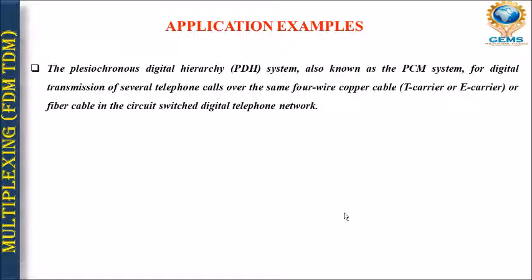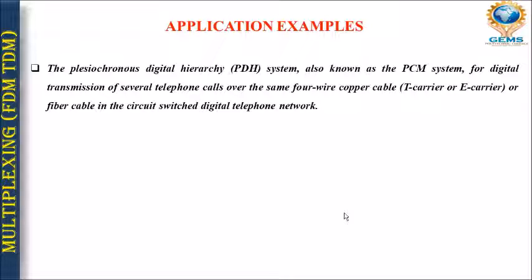TDM? So basically, the plesiochronous digital hierarchy, that is PDH, is also known as the PCM system, and in this, these are used for digital transmission of several telephone calls over the same four wire.